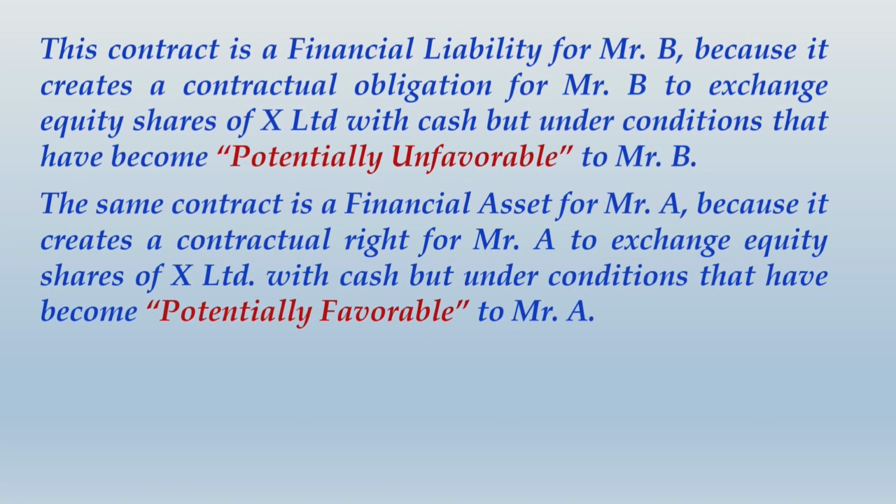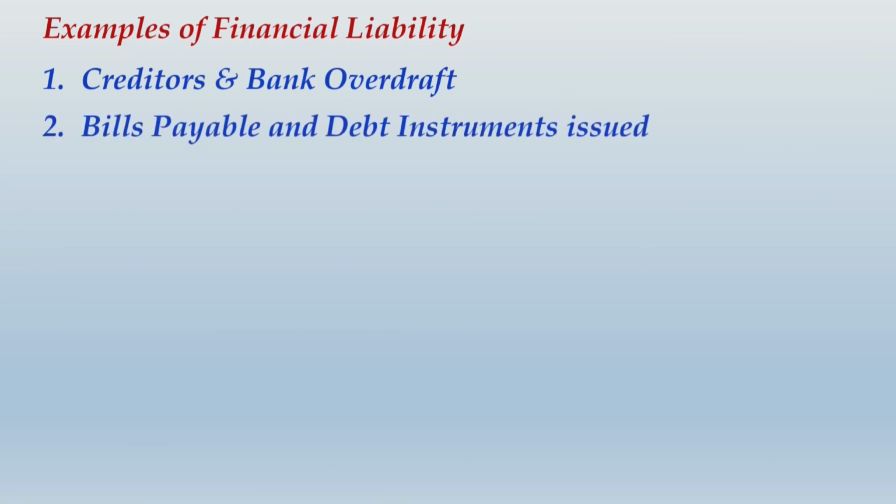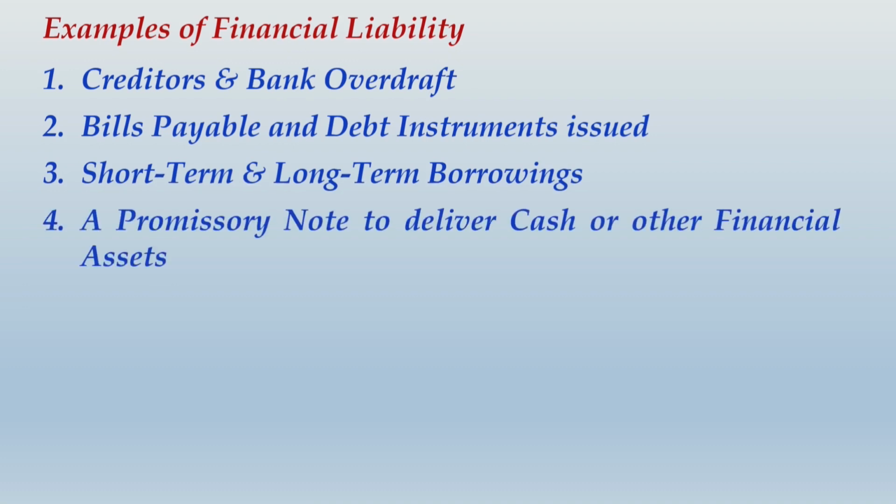So now that you have got clarity of the second clause, let us write a few examples of financial liability. Creditors and bank overdraft are examples of financial liability. Bills payable and debt instruments issued, short term and long term borrowings, a promissory note to deliver cash or other financial assets.